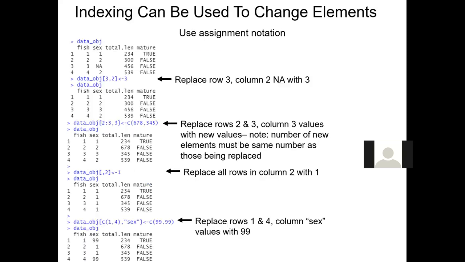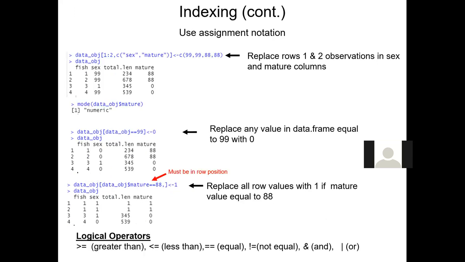So before, notice that in the original file here, under the mature column, it's a logical, so it has true/false values. But in this case, I substituted values 8, 8 into mature, and those aren't logical values.